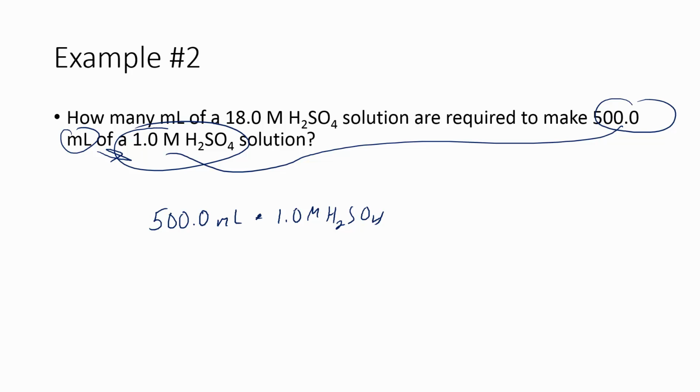H2SO4. Good. And this is equal to X number of milliliters of, so times 18.0 molar H2SO4. So you might be thinking, all right, this is moles per liter, so in order for this to cancel nicely, this should be in liters.